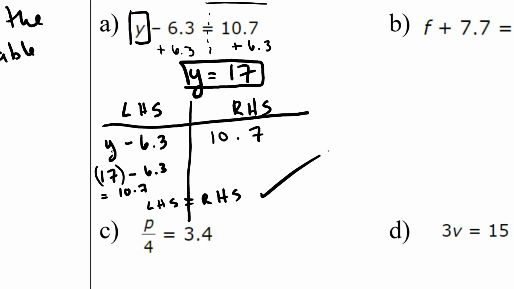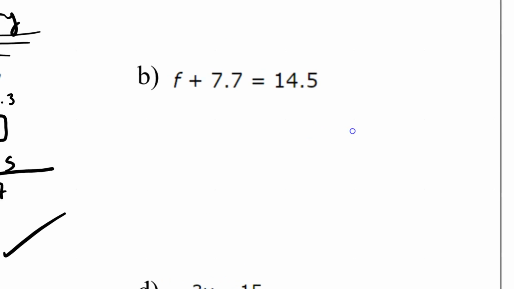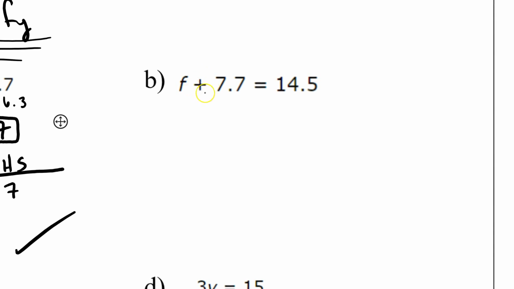We're going to do the exact same approach to this. Now with this question, we're noticing that we have addition. The opposite, or the inverse, of addition is subtraction. So we want to isolate this f, but we have added 7.7 to the f.